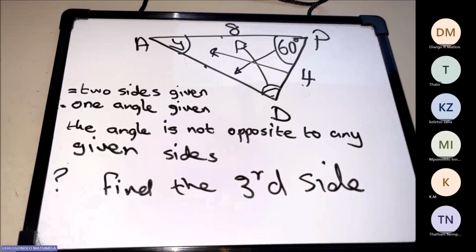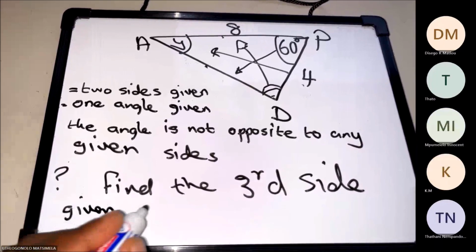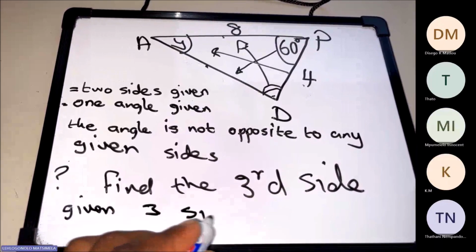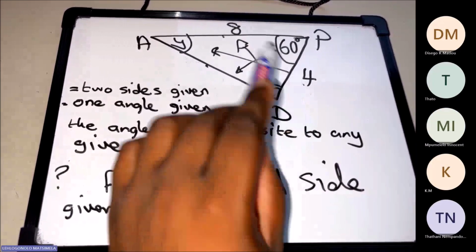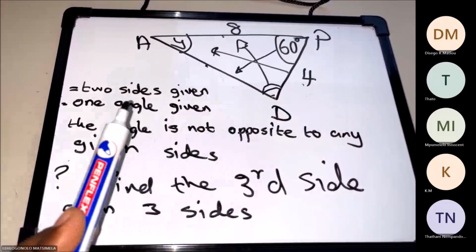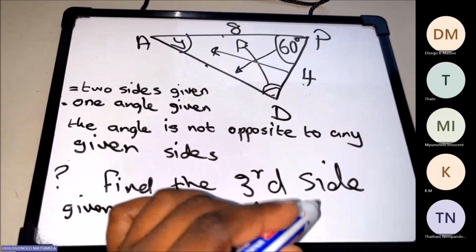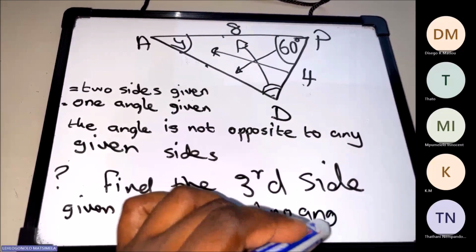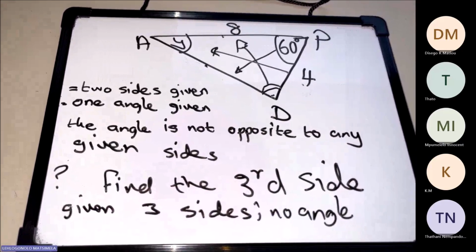Or the properties can still work if we are given three sides. Three sides are given, which means side 4, side 8, and this side is known, a big 6, just assuming. Then no angle is given. We are only given three sides.